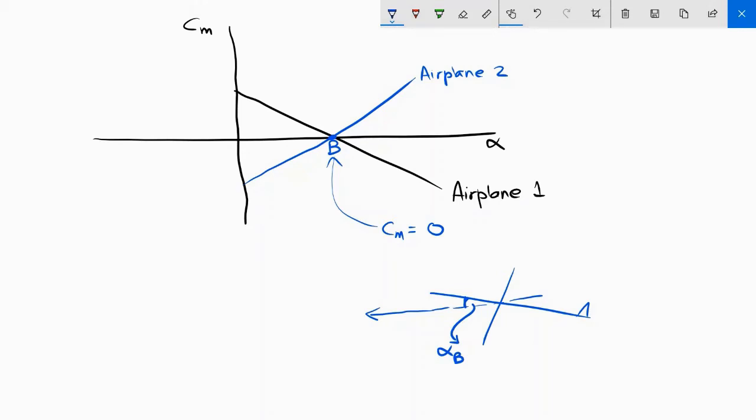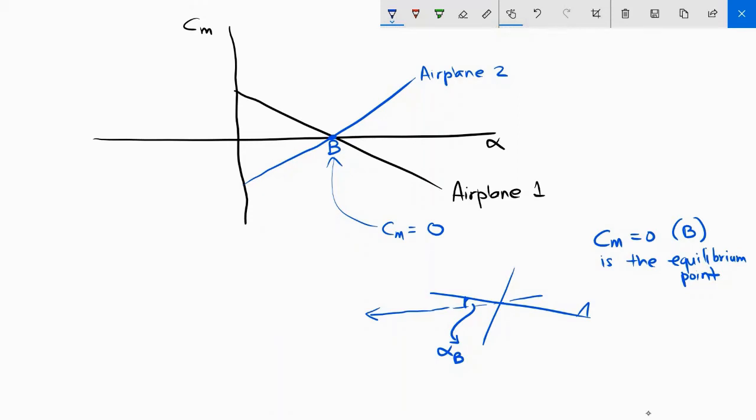So this condition in which CM equals 0, net moment equals 0, this is the equilibrium point, right? CM equals 0 at B is the equilibrium point. And there is another name for it, and you have to learn this name.